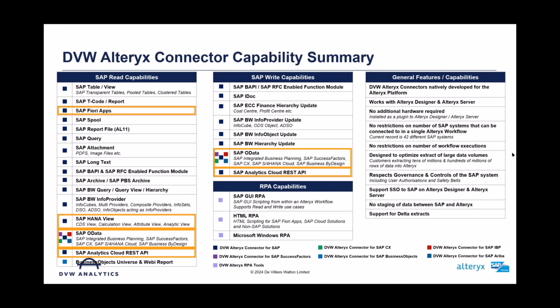What's interesting about S/4HANA is it actually opens up some additional capabilities for our software. From the read or extraction side, one of the key demos we're going to show you later today is the ability for us to work with SAP Fiori Apps. So Fiori is like the newer user interface.